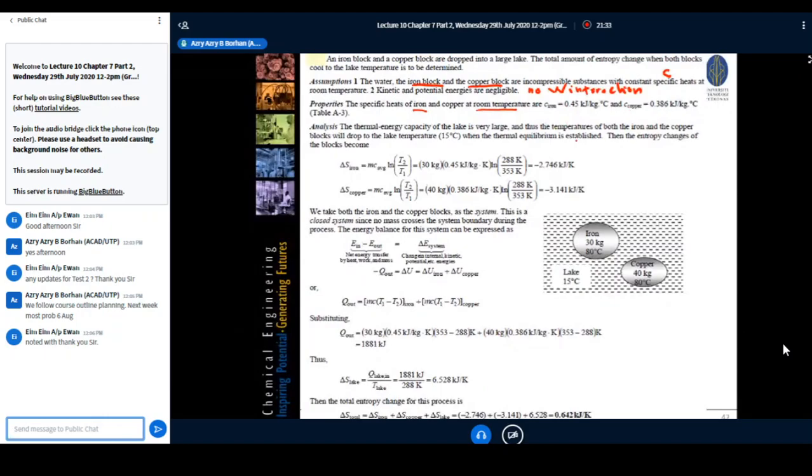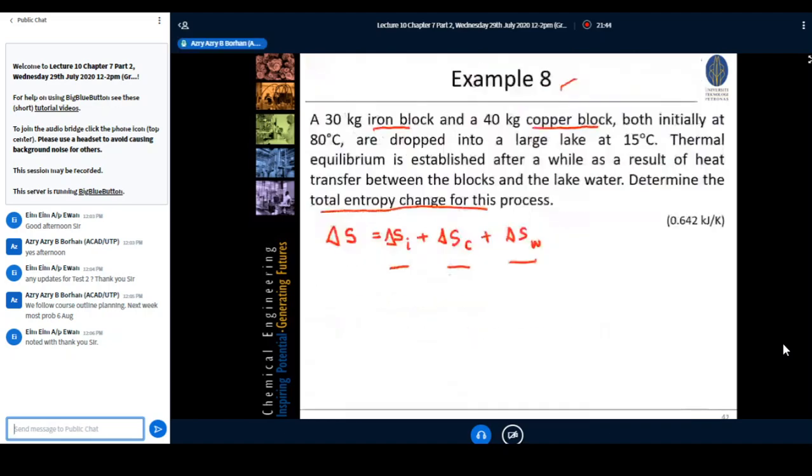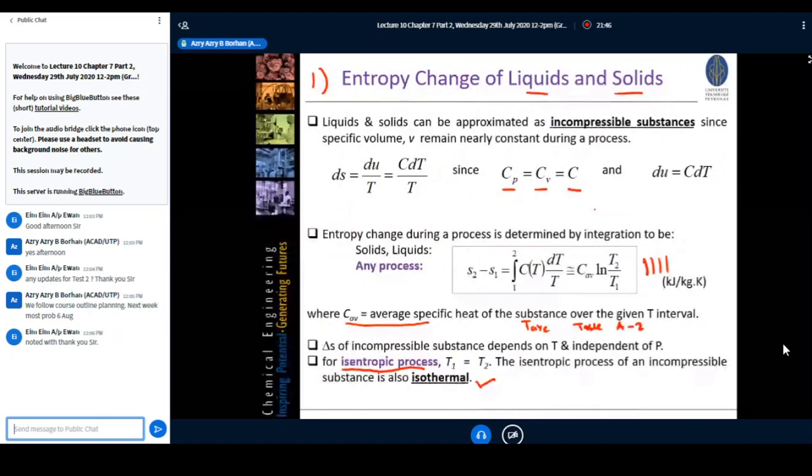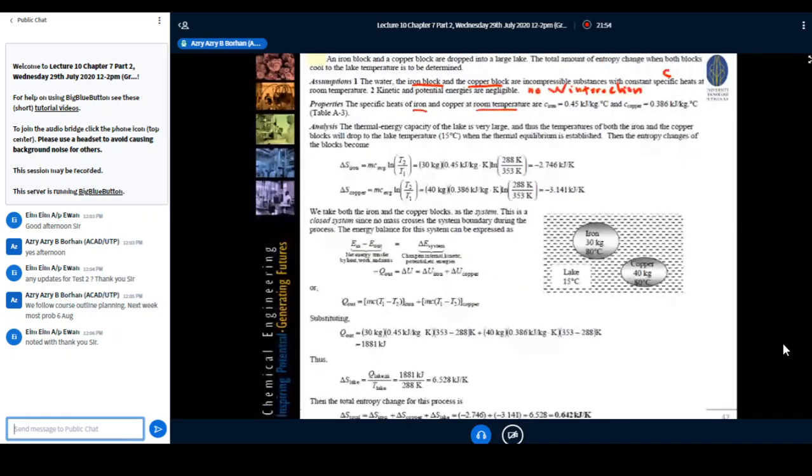Now, if you were to perform the entropy change of the iron, we know this is an example of an incompressible substance. So that means we have to make use of this particular formula, C average ln T2 over T1.